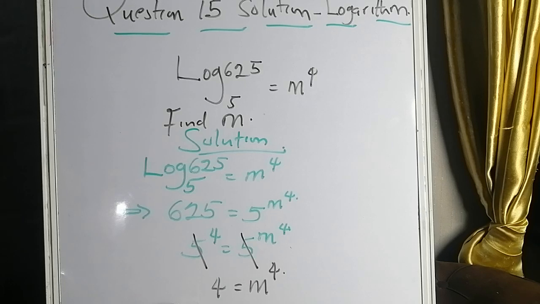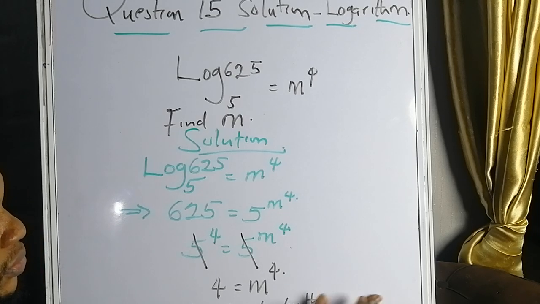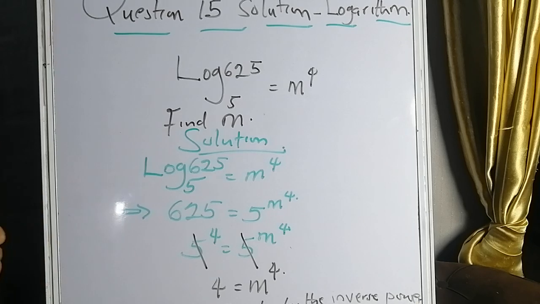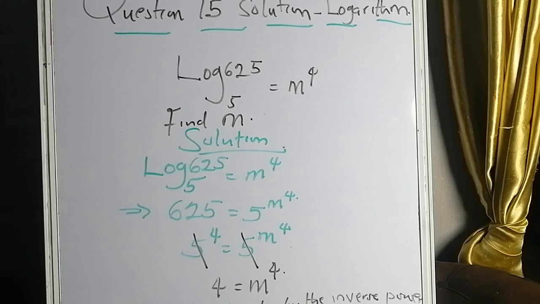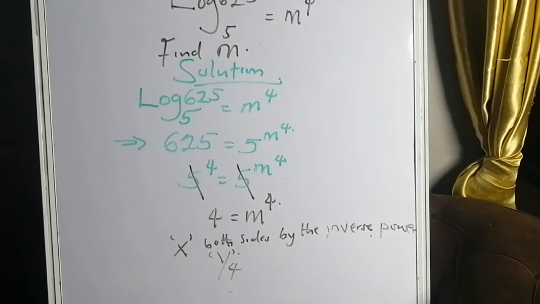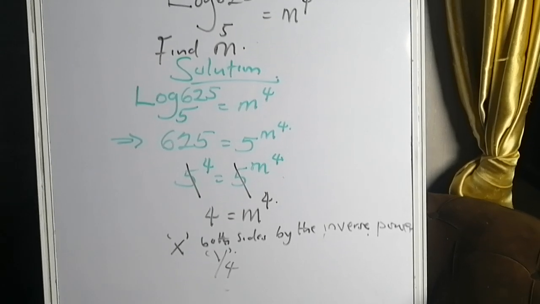So multiply both sides by the inverse power, 1 over 4.